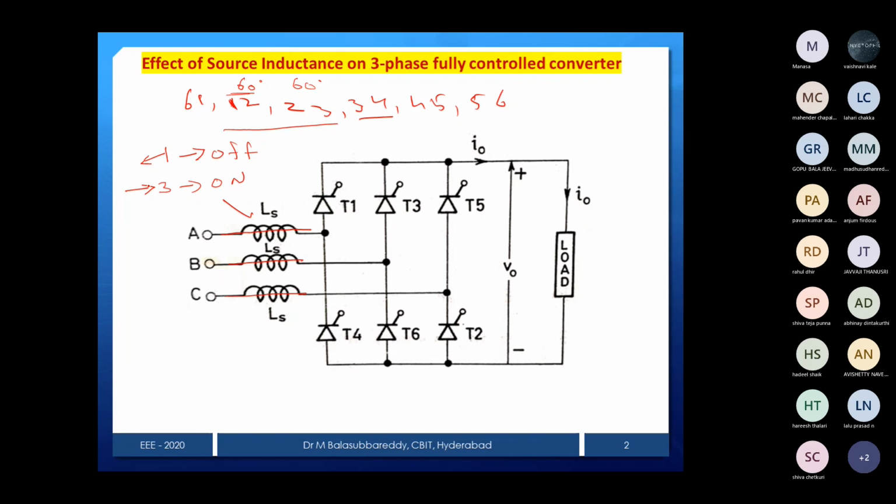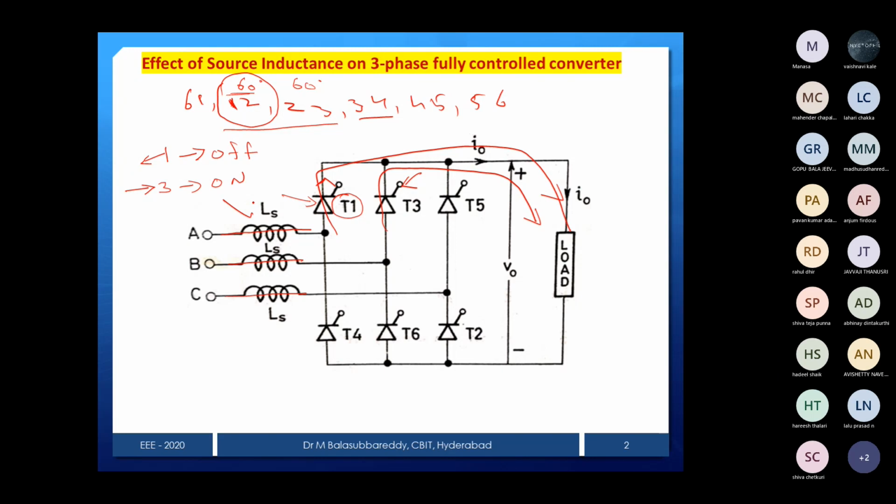Thyristor 1 carries the load current completely during these 60 degrees, because current passes through T1 and then goes to the load. Immediately after 60 degrees, we give the firing pulse to thyristor 3, and thyristor 3 carries the load current instead of thyristor 1. That is, it changes instantaneously from thyristor 1 to thyristor 3.